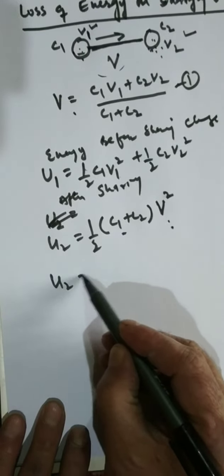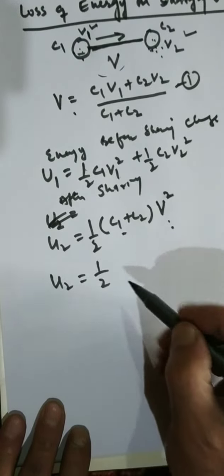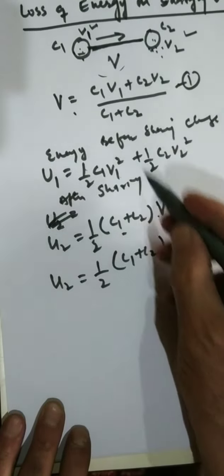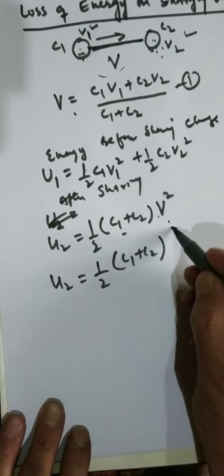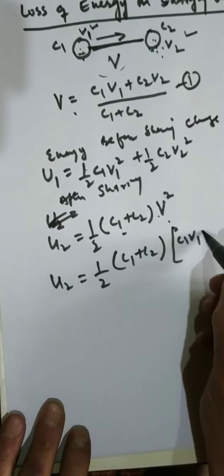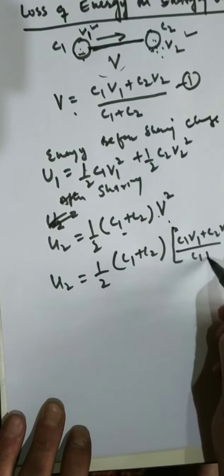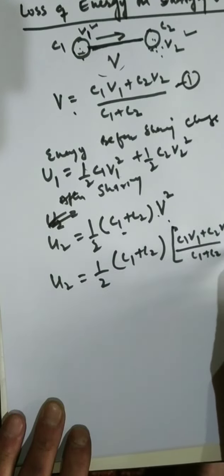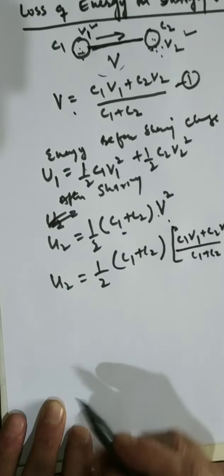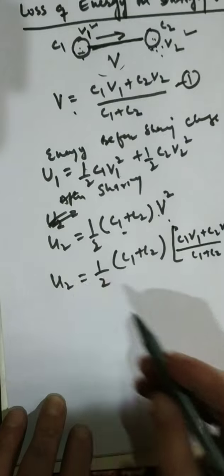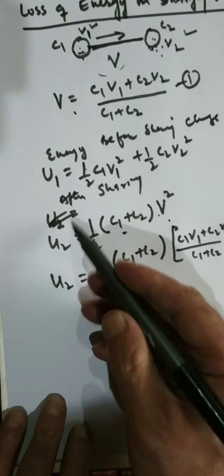We get U2 is equal to 1/2 C1 plus C2 into V स्क्वायर के बाद में लिखेंगे C1V1 plus C2V2 divided by C1 plus C2 whole square. ठीक. Now we simplify it, and after simplifying it, we first of all find the difference.